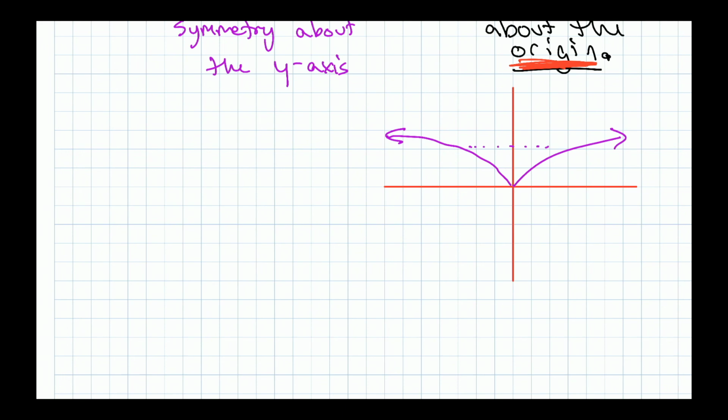But if you reflect that vertically down here, then you get something like that, right?